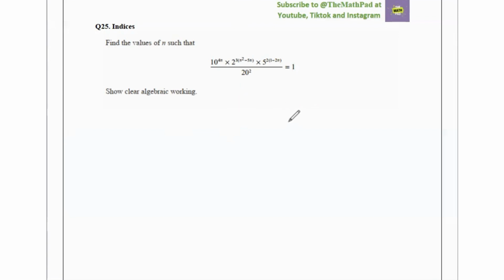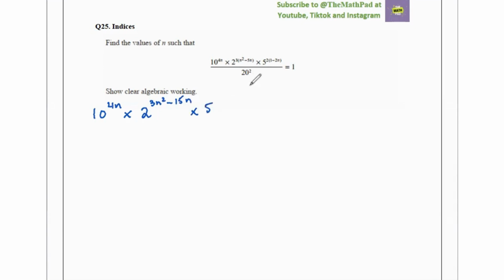Let's first simplify the powers, expand the bracket. So we have 10 to the power of 4n times 2 to the power of 3 times n squared is 3n squared. 3 times negative 5n is negative 15n.